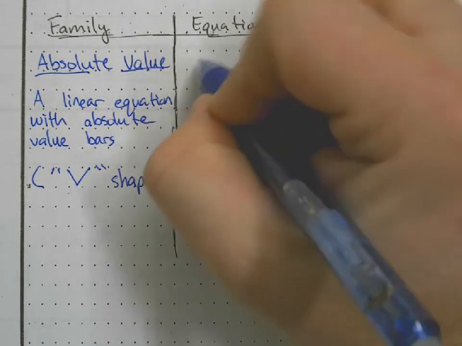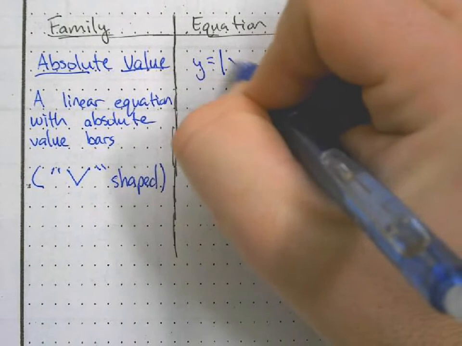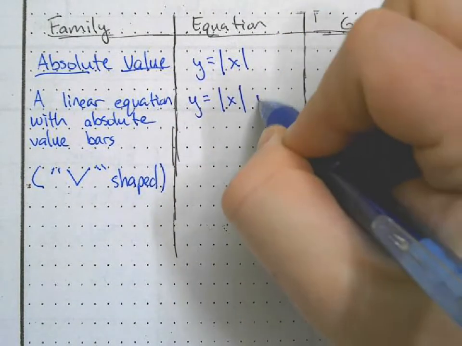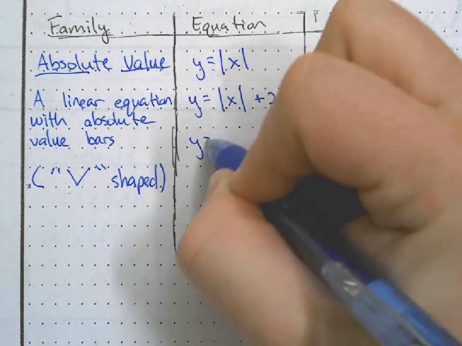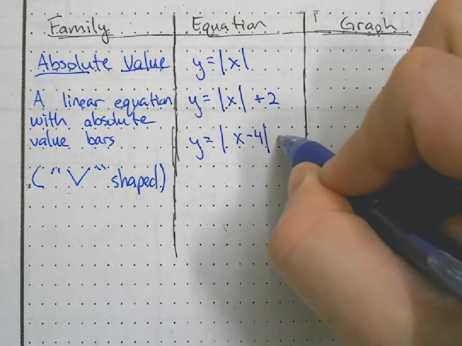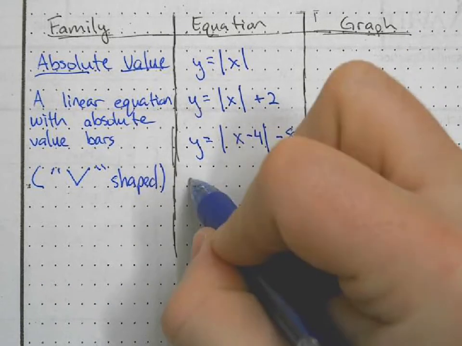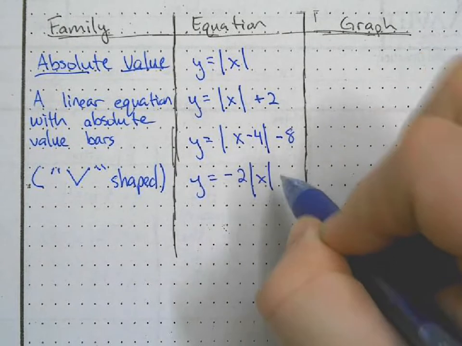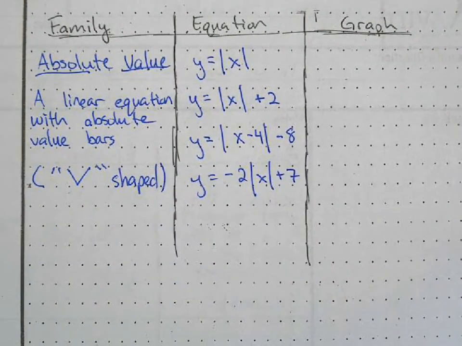So our different kinds of equations can be y equals the absolute value of x, y equals the absolute value of x plus 2, y equals absolute value of x minus 4 on the inside, minus 8. We could even throw numbers on the outside: negative 2 absolute value of x plus 7. So anything that has an absolute value bar is going to create an absolute value equation.